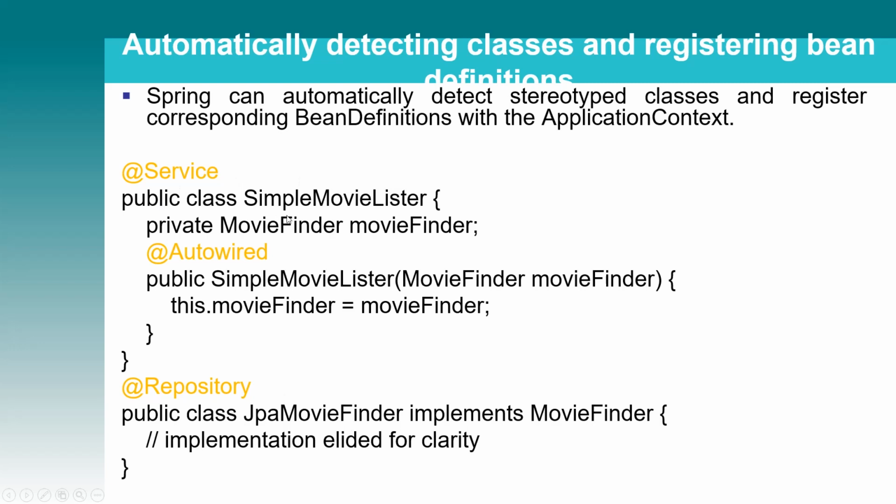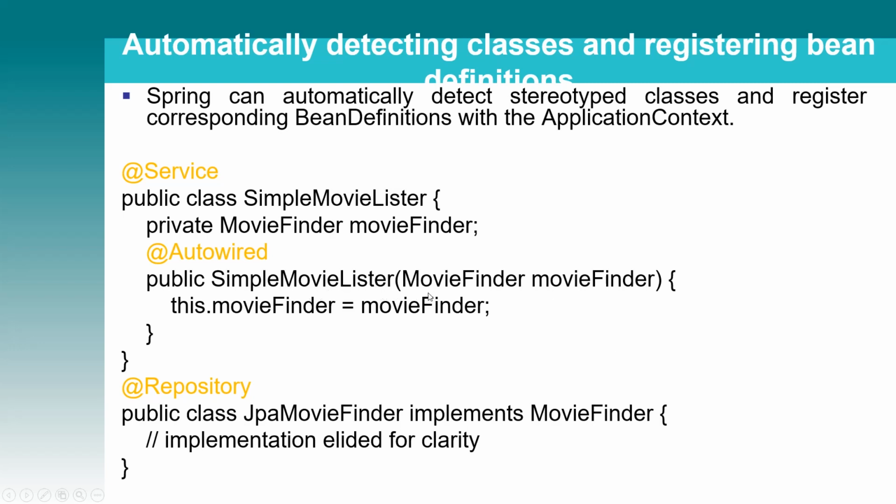Similarly, on this class called SimpleMovieLister, we have annotated it with @Service. This tells Spring that this is a service layer bean. And this service layer has a dependency on the data access layer. So you can see that it has a constructor which accepts an argument of the type of the interface of the data access layer.